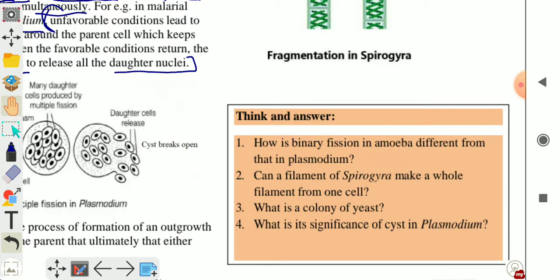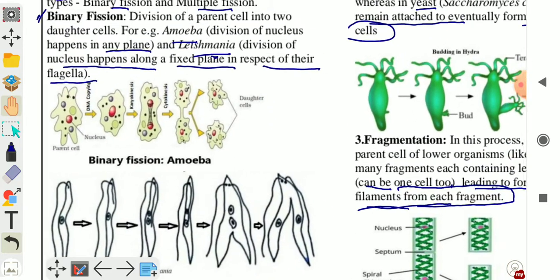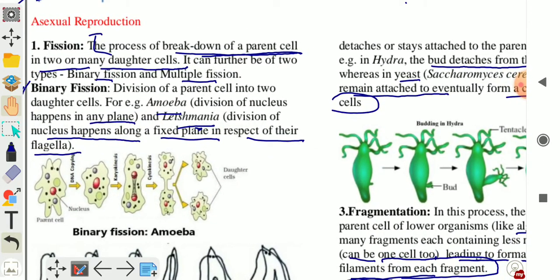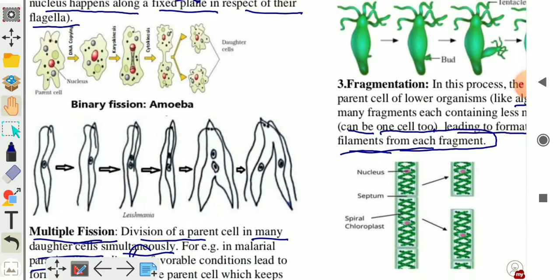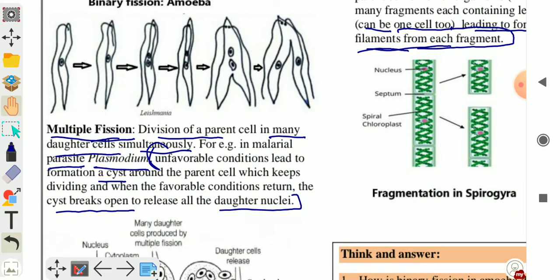So children, in binary fission, division of a parent cell into two daughter cells takes place, for example amoeba, while in Plasmodium multiple fission takes place, division of a parent cell into many daughter cells simultaneously.